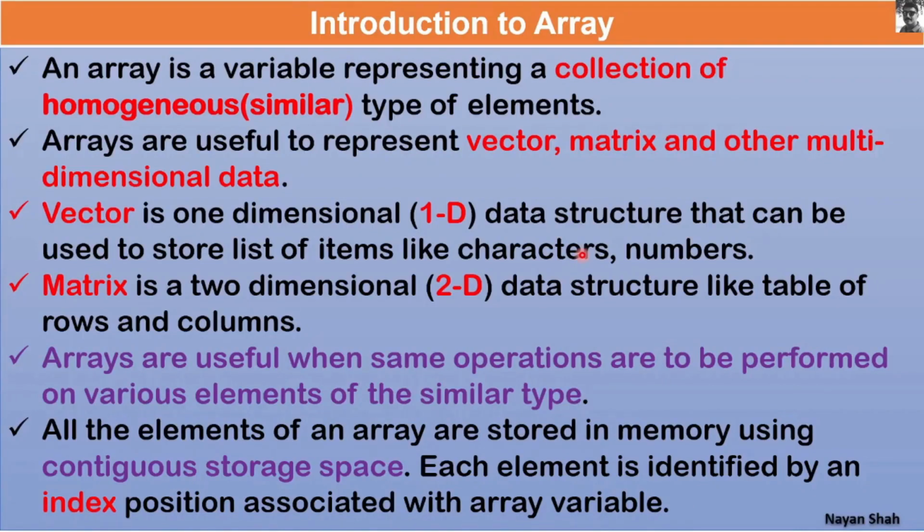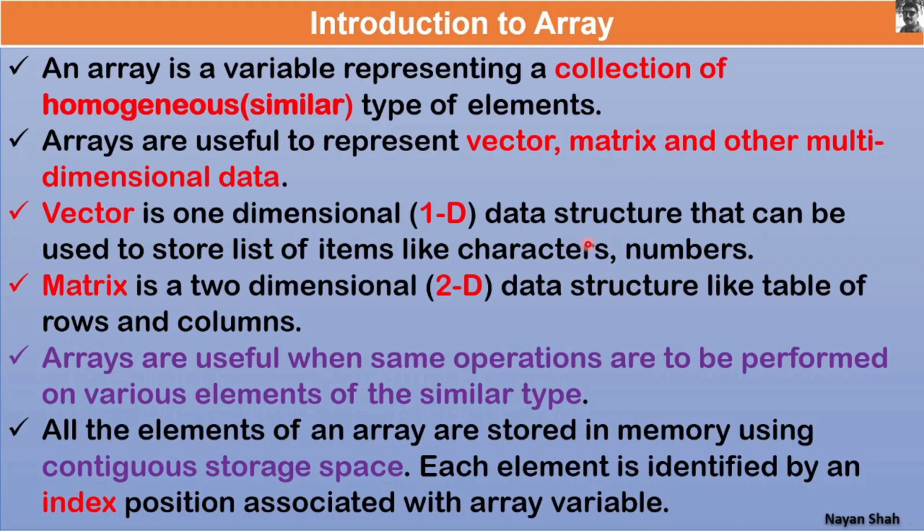An array is a variable, like other normal variables, but it has some special features. So an array is a variable which is representing a collection of homogeneous type of elements. Here the word homogeneous, that is similar, is very important.